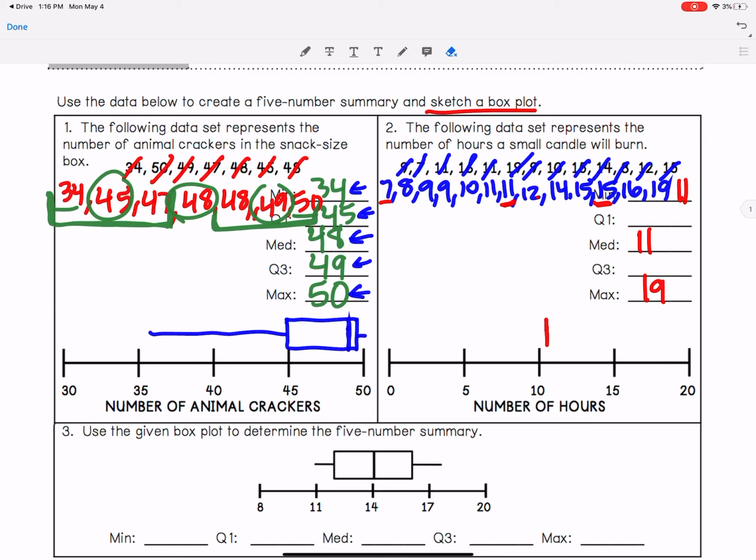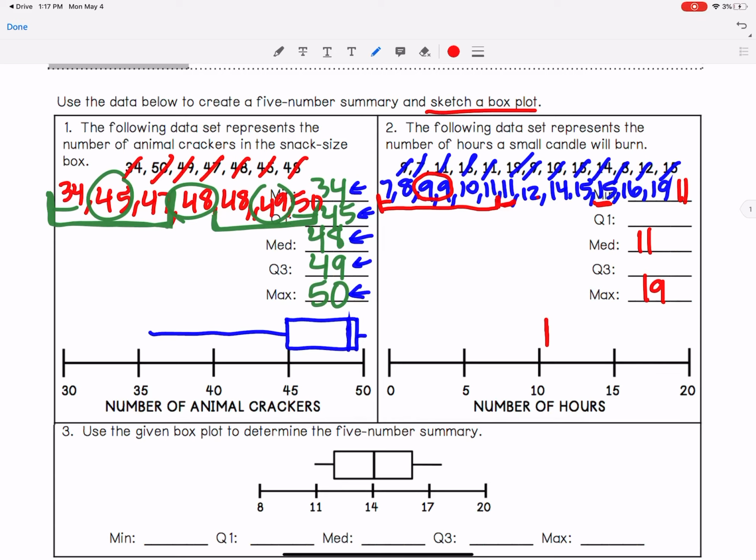We got to find the first quartile. So to do that, let's take our first half of the data. So from 11 all the way down to 7. And I need to find the median of the first half of the data. What number is right in the middle? It looks like I actually have 2 numbers that are right in the middle. So we have to take the average of those numbers. What that means is you add them together and then divide by however many numbers you have.